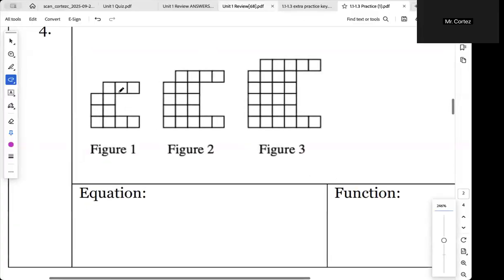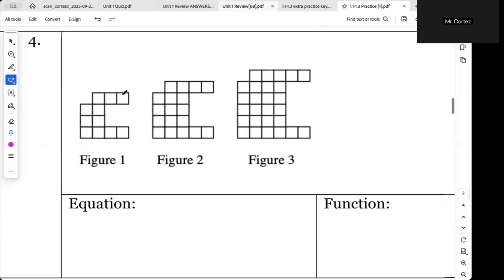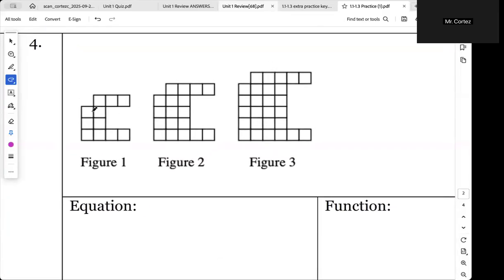Problem 4. I saw a few people ask about this, a few different interpretations. My approach usually comes down to, is there some shape in the middle that I could start to poke fun at? And I do see that. What kind of shape is this? Hopefully you said a square.